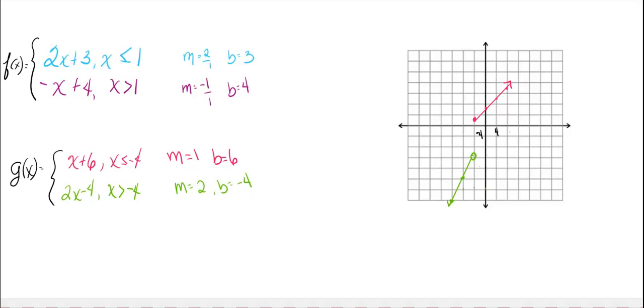Okay, so you can see that this is a function because it includes the point (-4, 2) on the pink graph, but it does not include the point (-4, -12) in the green graph. It's an open circle. Both parts of the graph rise. So overall it's a rising function, but each piece of this graph is a different line, or a part of a different line. Okay, so that's how you graph piecewise functions by hand.